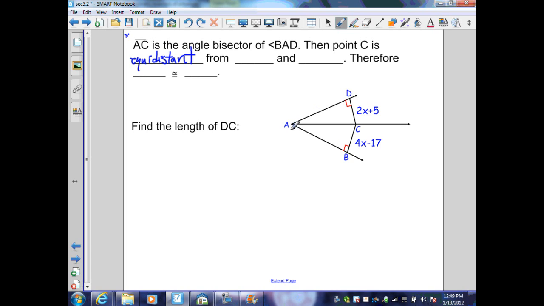And the sides of the angle, we can start at the vertex, are AD and AB. Therefore, I know that there are segments that are congruent from point C as long as the segment from point C to the sides are perpendicular segments. And I have that with segment DC and segment BC.